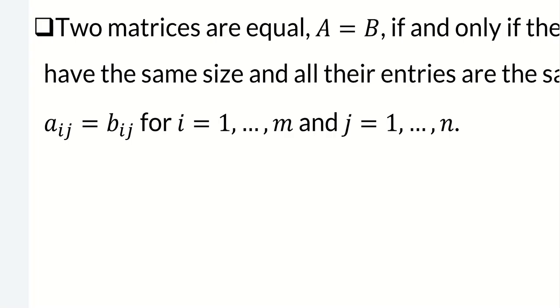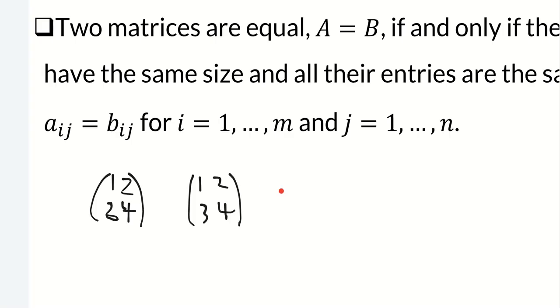Let's talk about equality of matrices. Two matrices A and B are equal if and only if they have the same size and all their entries are the same. This is obvious. So if I have a matrix 1, 2, and 3, 4, these are the entries. Now I can have another one, which is 1, 2, and 3, 4.